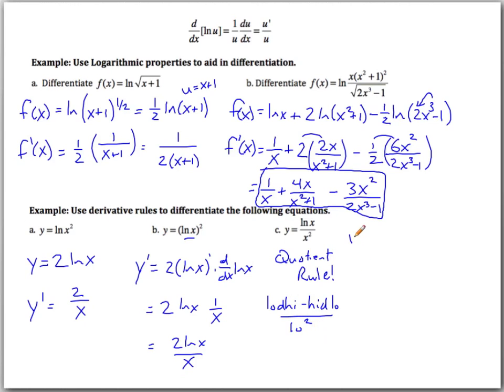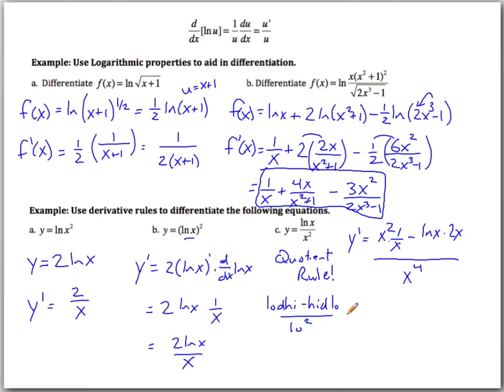Okay, so let's find y prime here. So low d high. So the low function is x squared. The derivative of the high function is 1 over x minus high d low. So the high function was natural log of x times the derivative of x squared, which would be 2x. And this would all be over low squared, or x to the 4th.